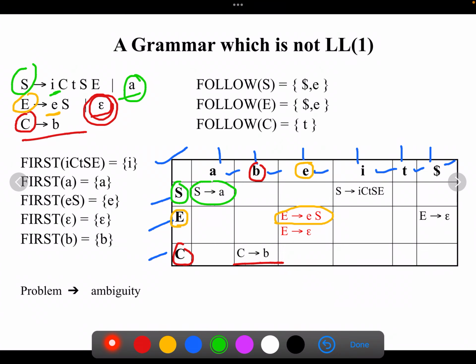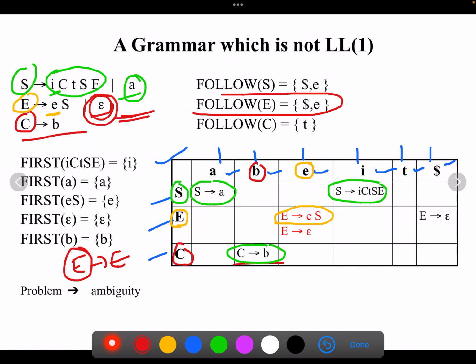Similarly, S on I, first symbol is I, this is the production. You have filled all this, and this is also filled. Now moving on to epsilon productions.